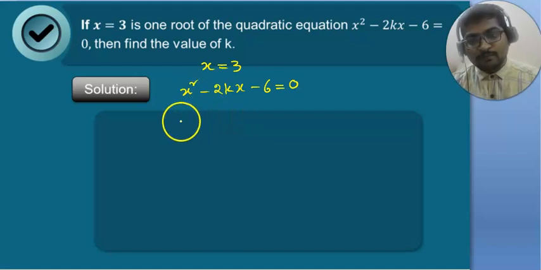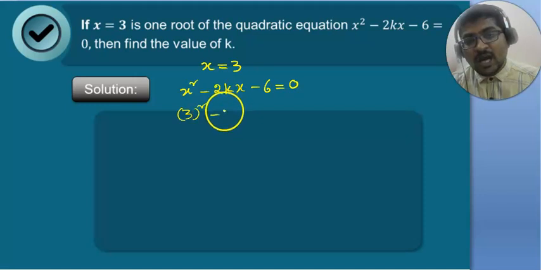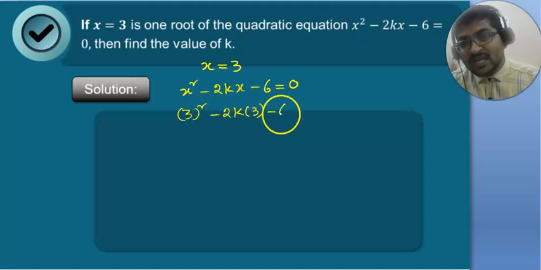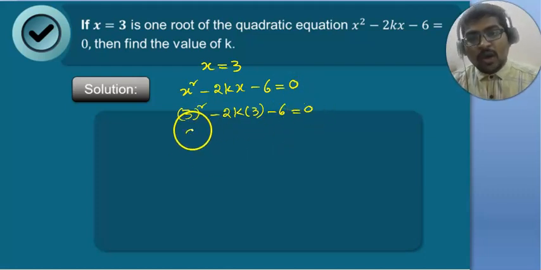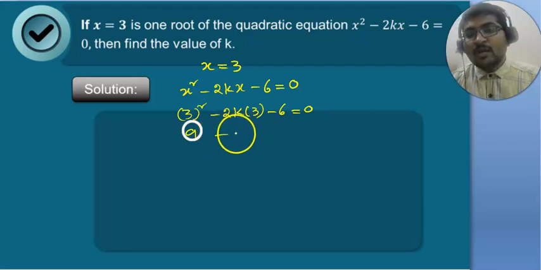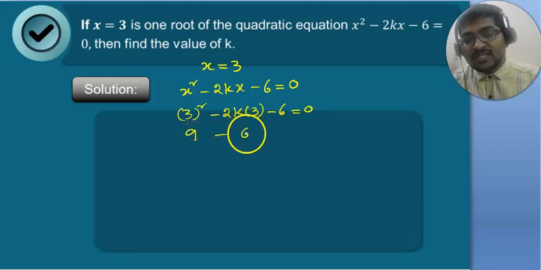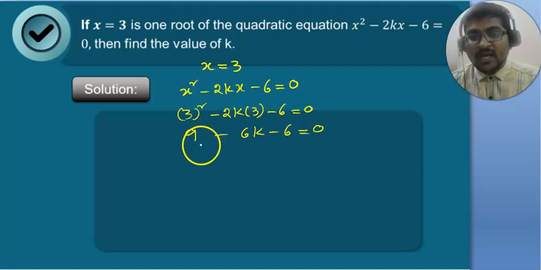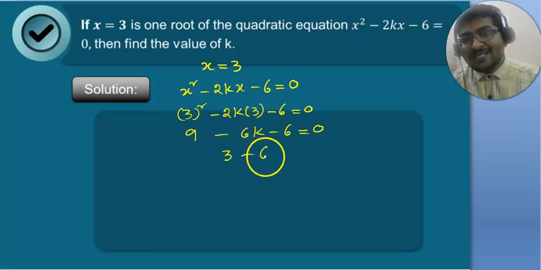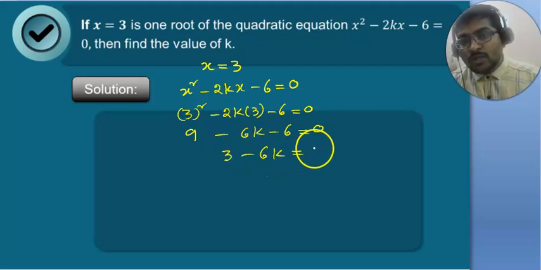So 3 square minus 2k into 3 minus 6 is equal to 0, right? So here 3 square is 9, minus 2k into 3 is 6k, minus 6 equal to 0. In this expression, 9 minus 6 is 3, minus 6k is equal to 0.